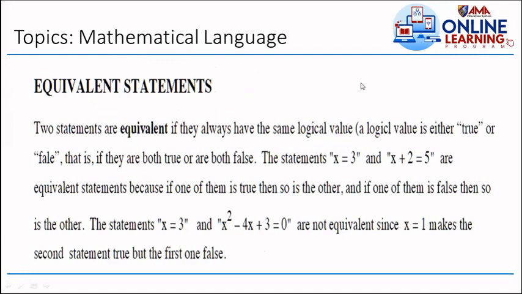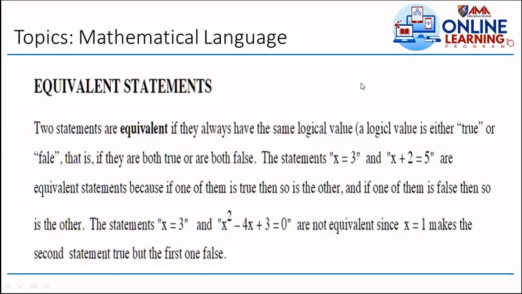A logical value is either true or false. That is, if they are both true or both false. The statements x is equal to 3 and x plus 2 is equal to 5 are equivalent statements because if one of them is true, then the other is also true, and if one of them is false, then so is the other.